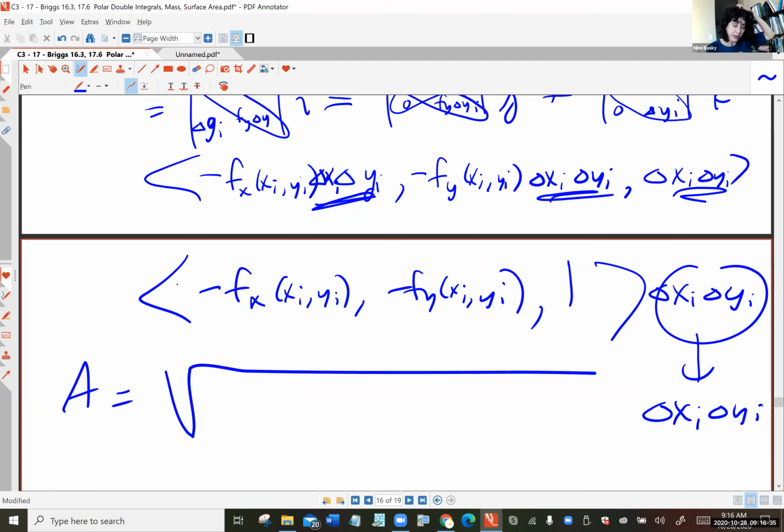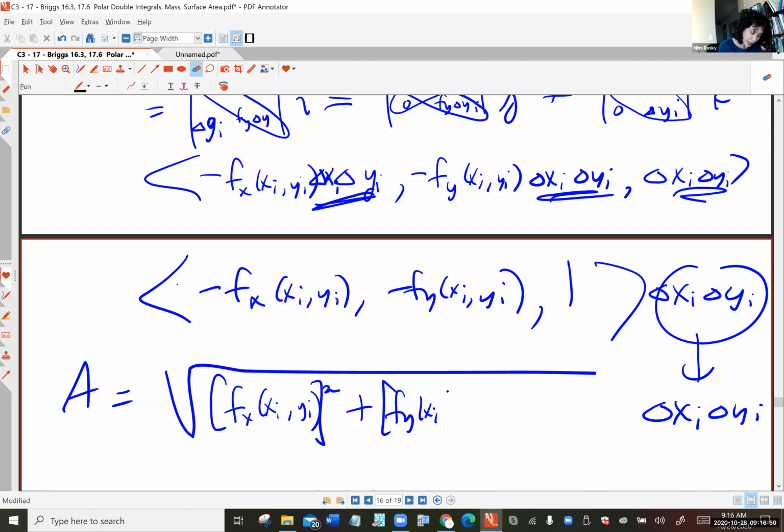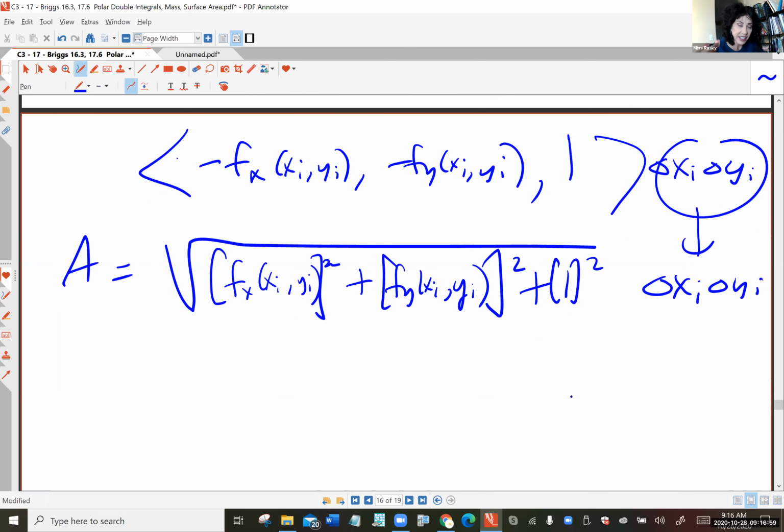So the area of our parallelogram is going to be the magnitude of this cross product, and those negatives are going to get squared, so I'm just going to drop them because I know that when I square a negative, it's going to end up being positive like this. I'm going to have my commas here, like that, plus 1 squared, which is just going to be 1. Okay, fine. Now, this is the key. We're getting close.